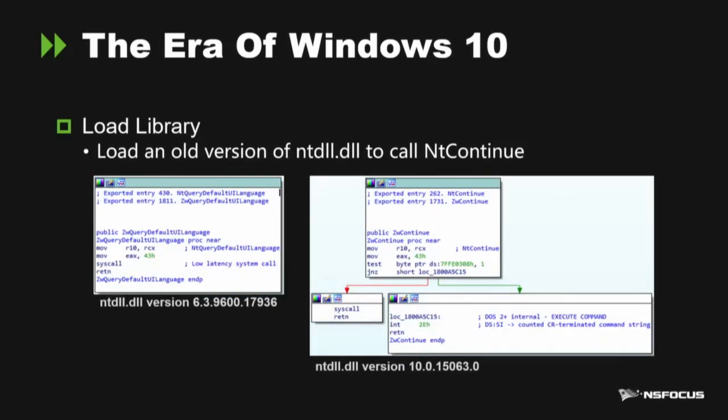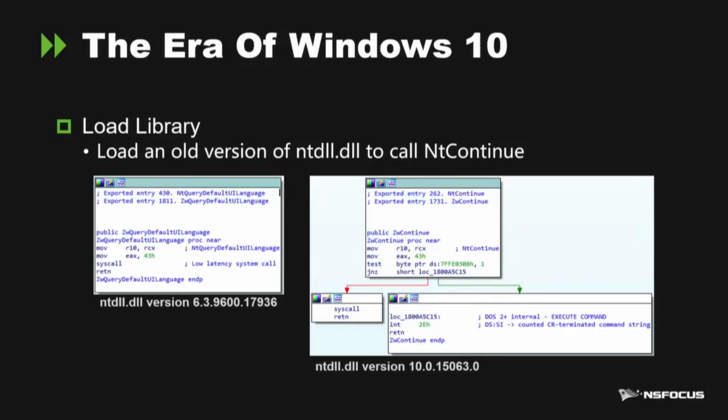But when we cannot load such a library to create an RWX section, we still can load an older version of NTDLL to call NtContinue, because the system call IDs are different from version to version.